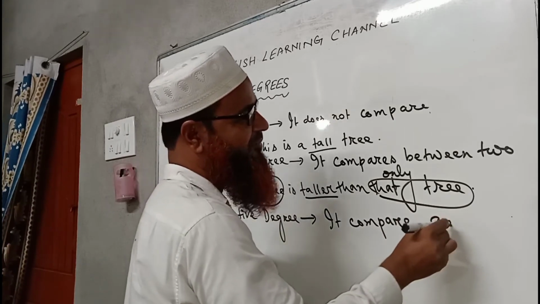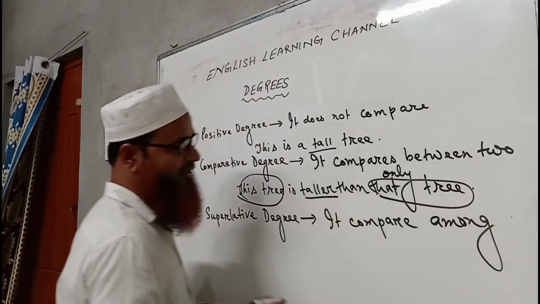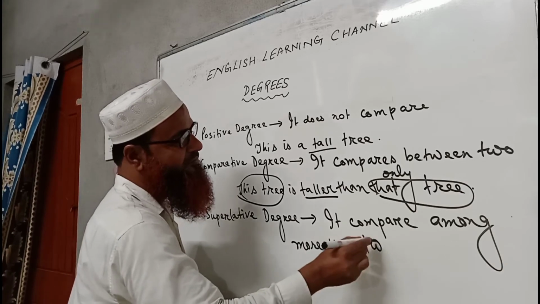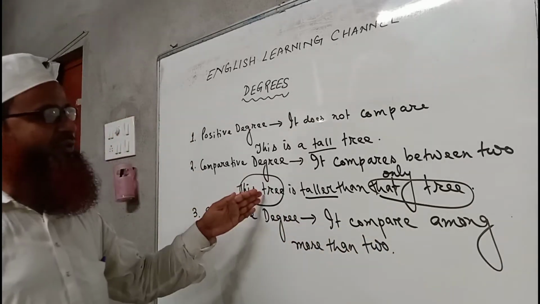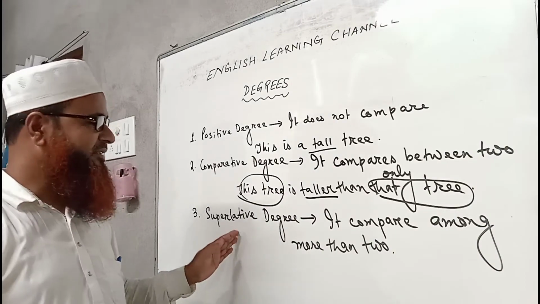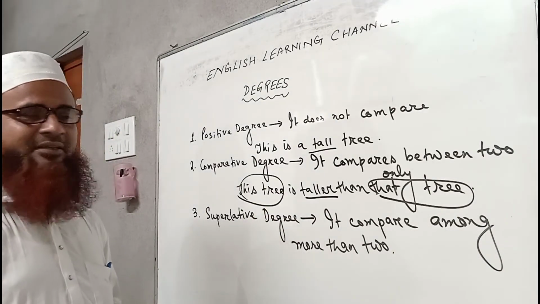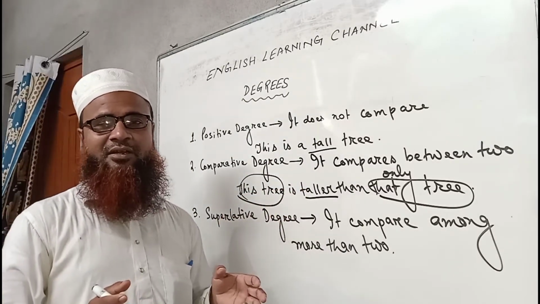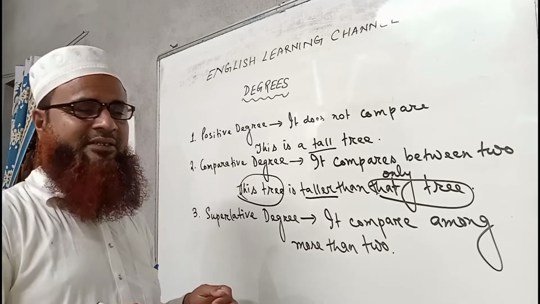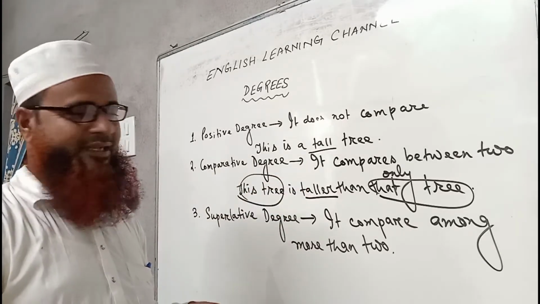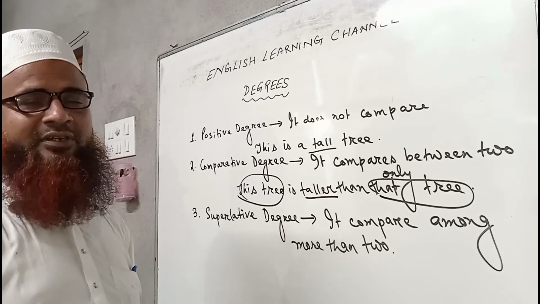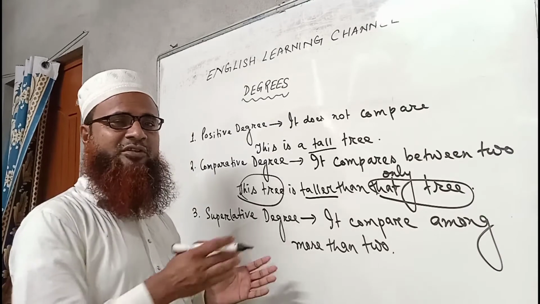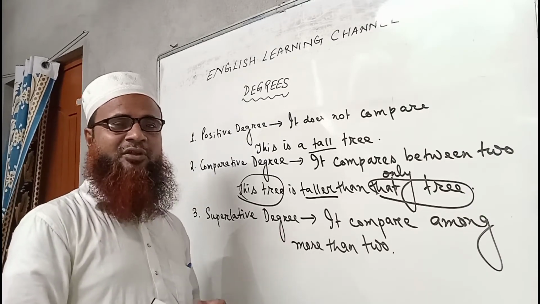Here we have compared between two trees, but when we have to write a sentence of superlative degree using this word tall and the comparison among trees, then we have to write tallest, and that comparison will now take place among more than two. So there must be more than two trees, then this comparison will take place.